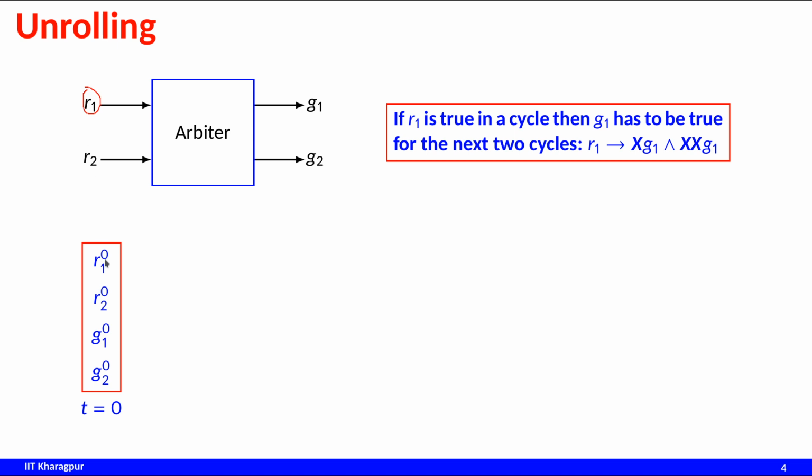This is the r1 variable at time instant 0, this is r2 at time instant 0, and so on.